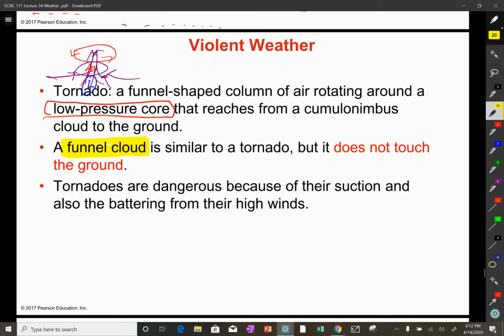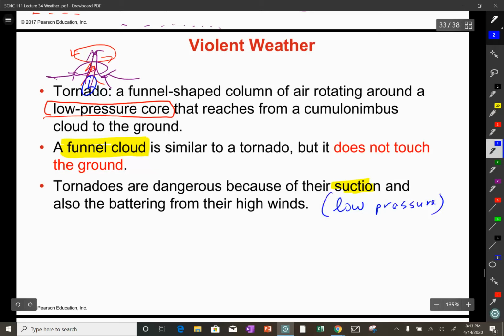Tornadoes are obviously dangerous. Just this week, there were tornadoes again in Tennessee, very close to Southern. Did a lot of damage. And they're dangerous because it says here suction. Well, let's not say suction. Let's say low pressure. Change to blue. There we go. Low pressure. And because of the low pressure, high pressure pushes in. Right? You can't truly suck.